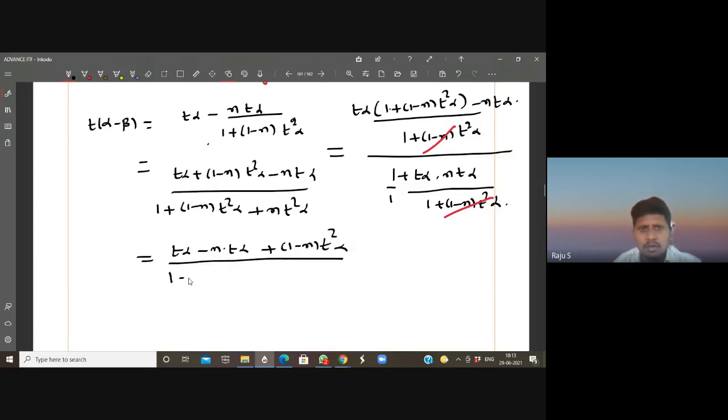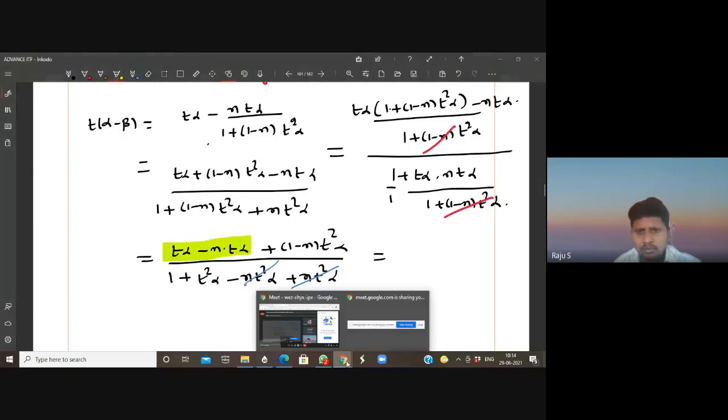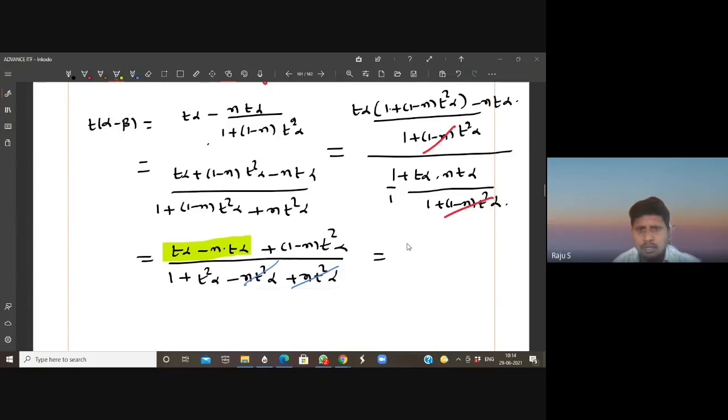Denominator by 1 plus, multiply with tan square alpha minus n into tan square alpha plus n into tan square alpha. Anything will be cancelled here? Yeah, we can cancel this. Okay, then what is common in the first two terms? Yes. Here tan alpha is common.